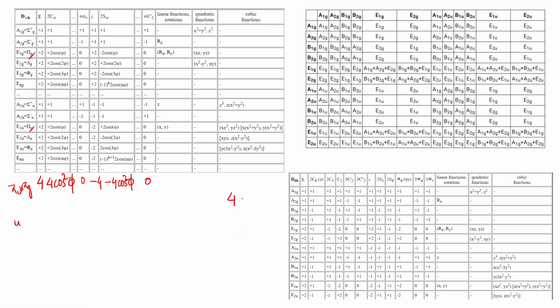4 cos square phi is 2 into cos 2 theta minus 1. 2 cos square phi is cos 2 phi minus 1, something like that.